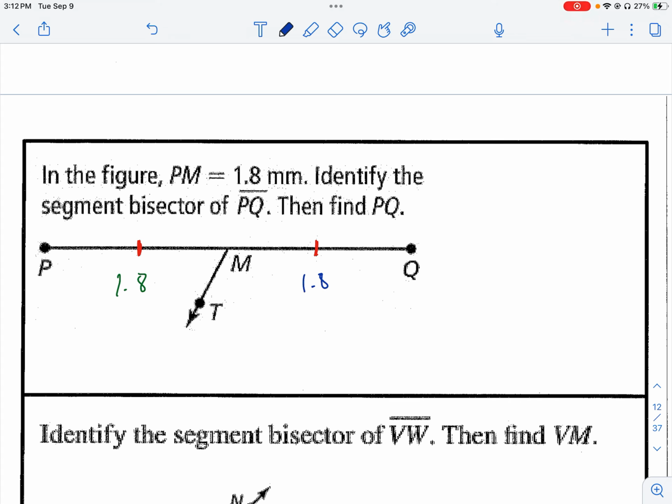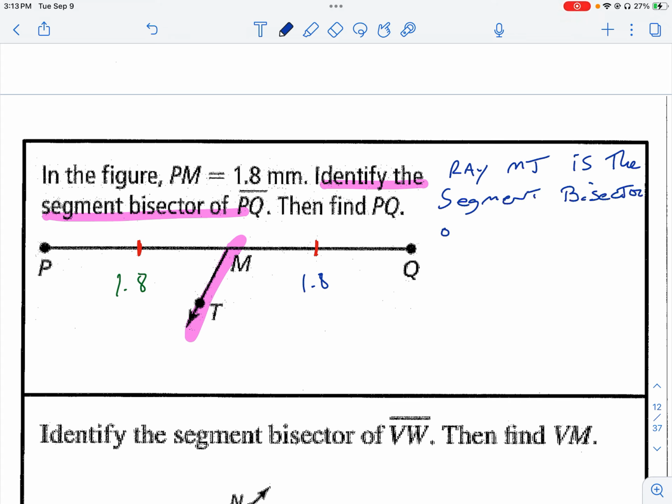The segment bisector of PQ is going to be ray MT, and PQ equals PM plus MQ, and they're both 1.8 millimeters.